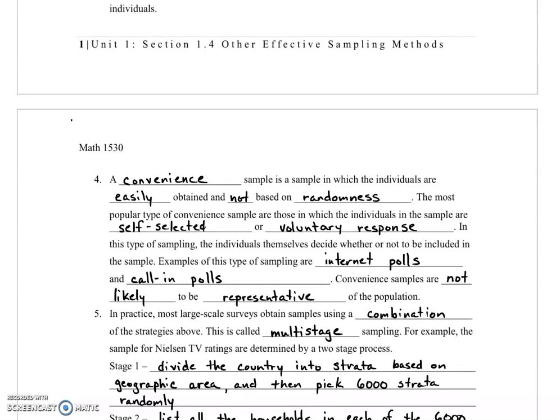So as soon as the population gets divided into groups, we're looking at either a cluster or a stratified.